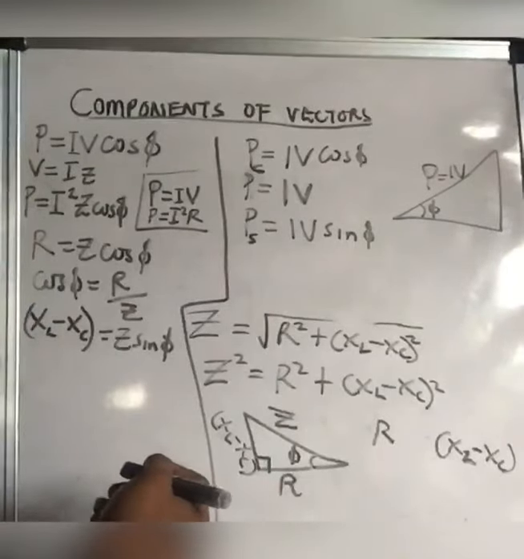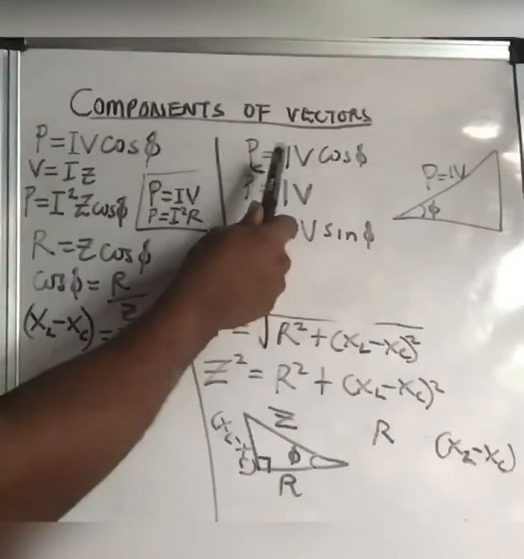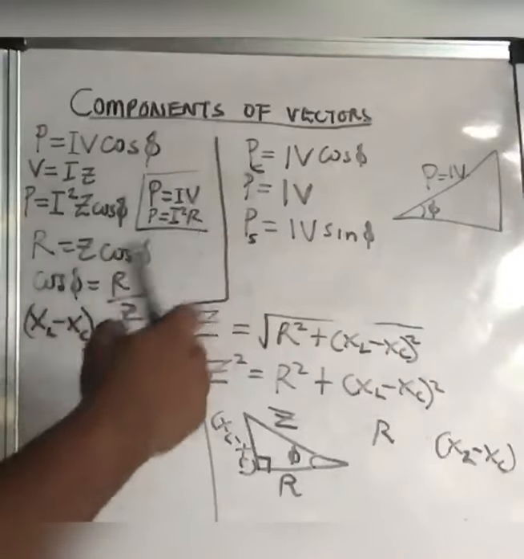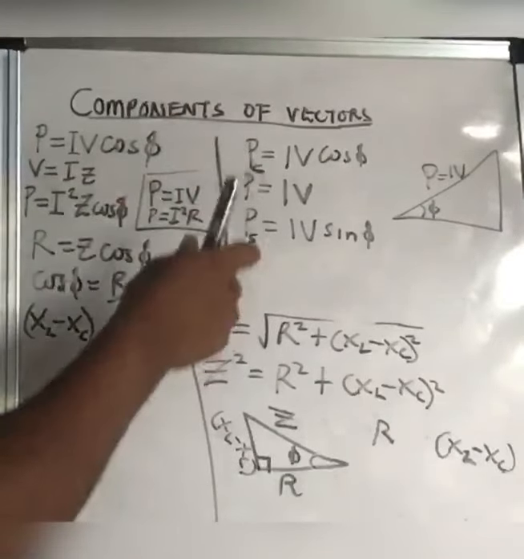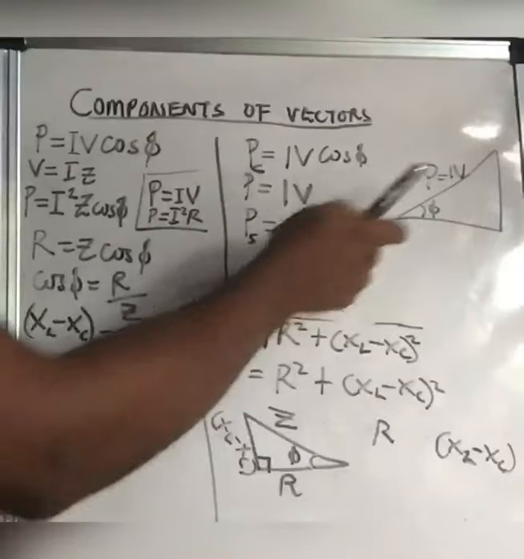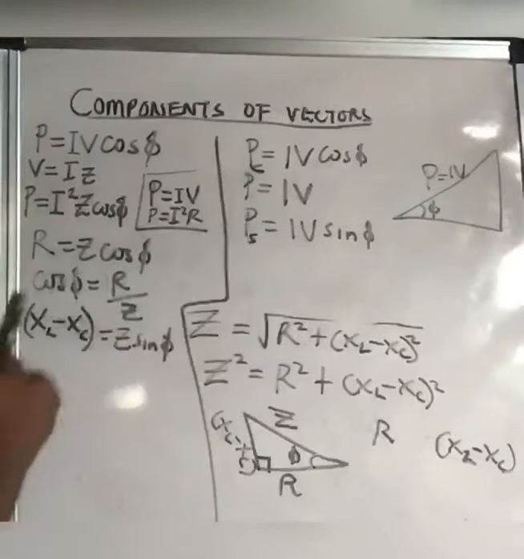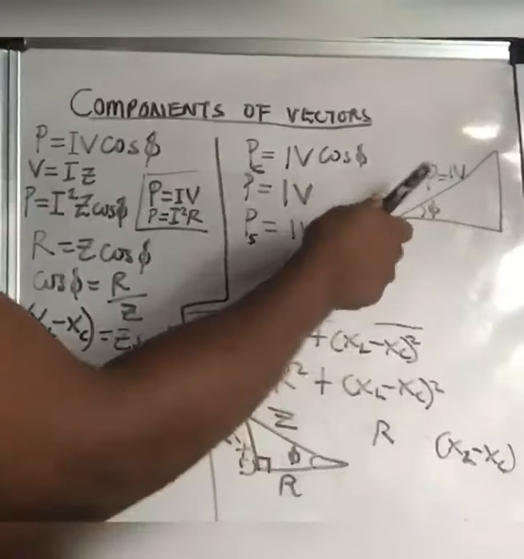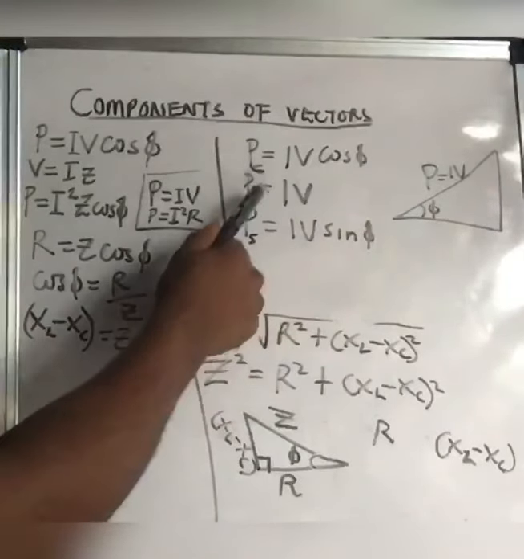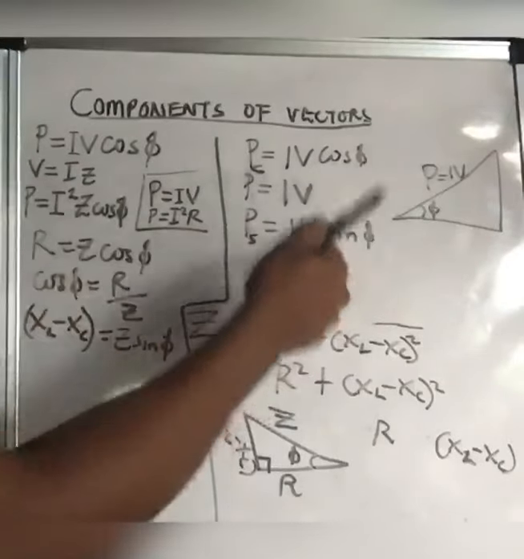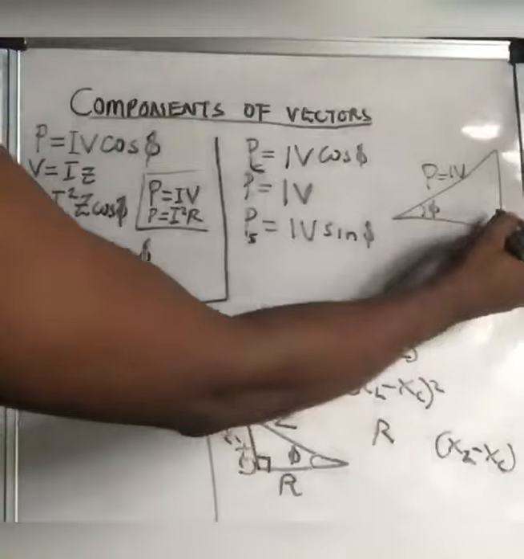Our P consumed, PC, is this. Our apparent P, which should have been the total P if it were a direct current circuit, IV, is this, and this is the P stored from the energy stored. So the apparent power is the hypotenuse of this right angle triangle.